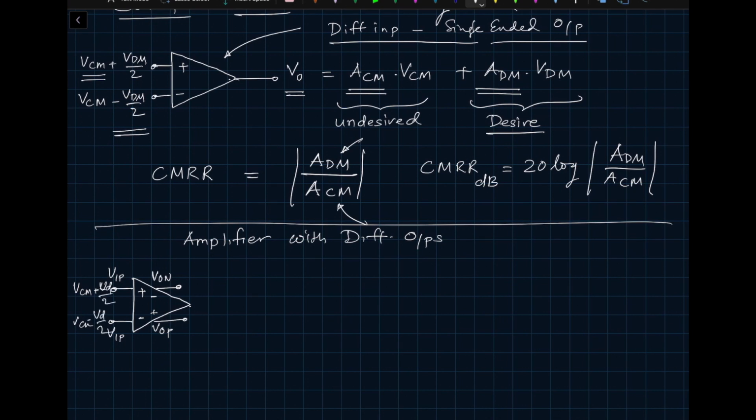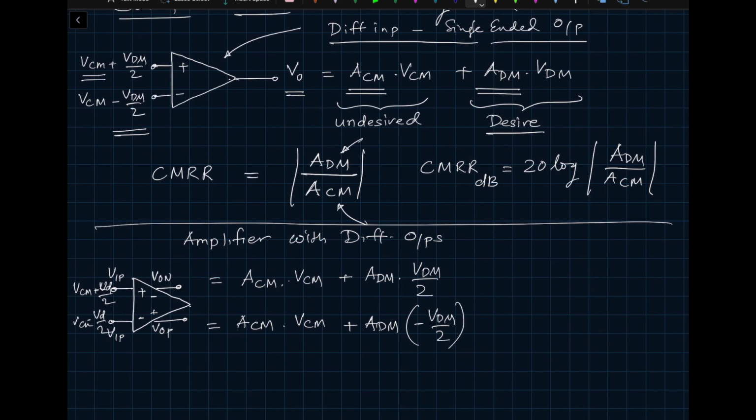What you would see at the outputs, VOP and VON, is this expression: ACM times VCM, and then ADM times VDM by 2. Same thing over here: ACM VCM plus ADM, and here you'll have VDM by 2 minus VDM by 2.